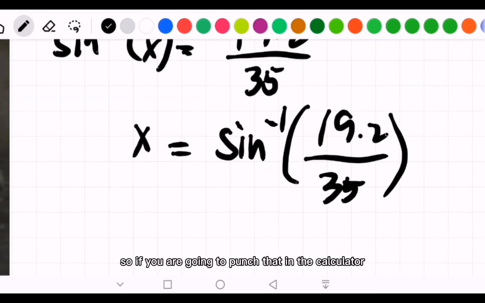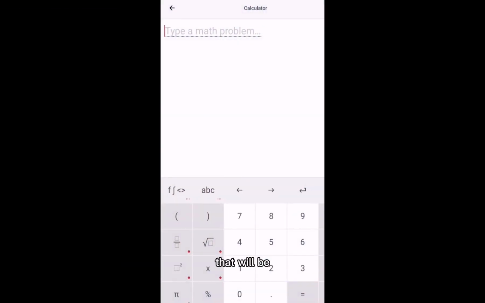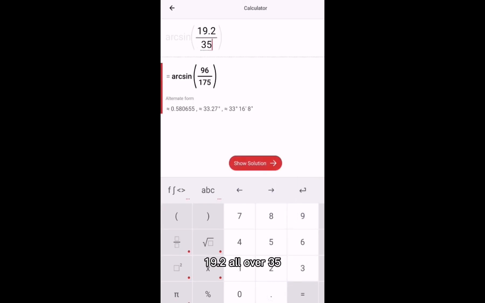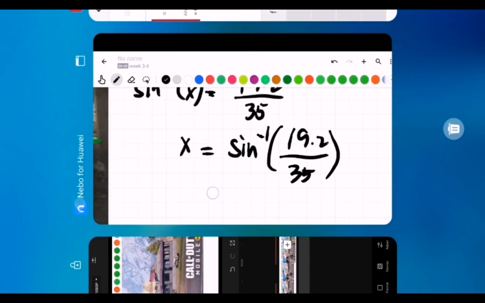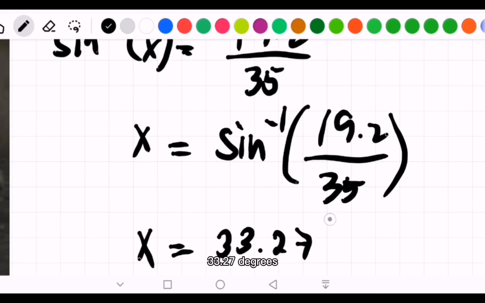If you punch that in the calculator, that will be arcsine of 19.2 all over 35, which will be 33.27 degrees. So the value of X will be 33.27 degrees.